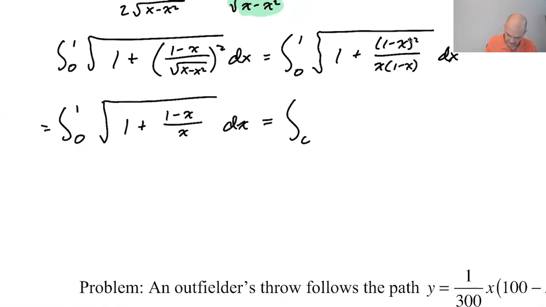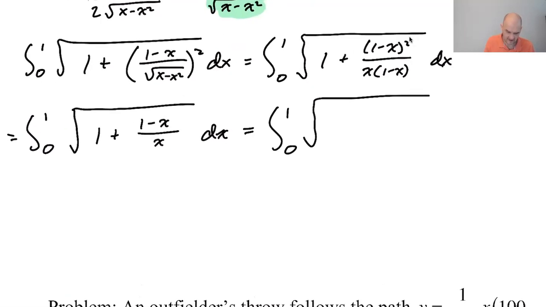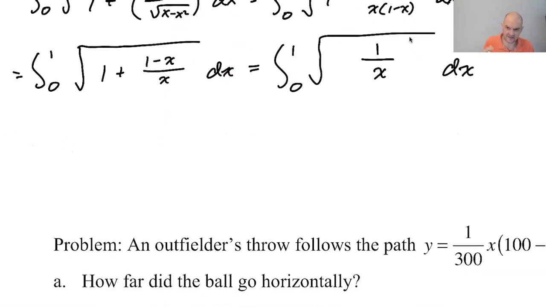I'm sure there's a place I could have simplified this really quickly, but I did not see it. What am I dealing with here? I have x plus 1 minus x over x. 1 over x. Really? So that's x to the -1/2.